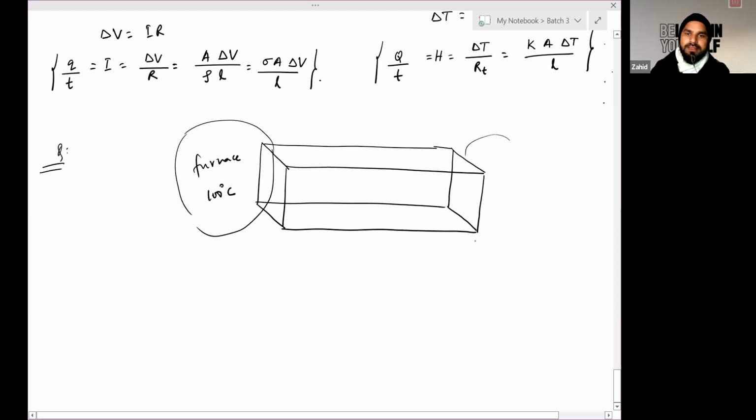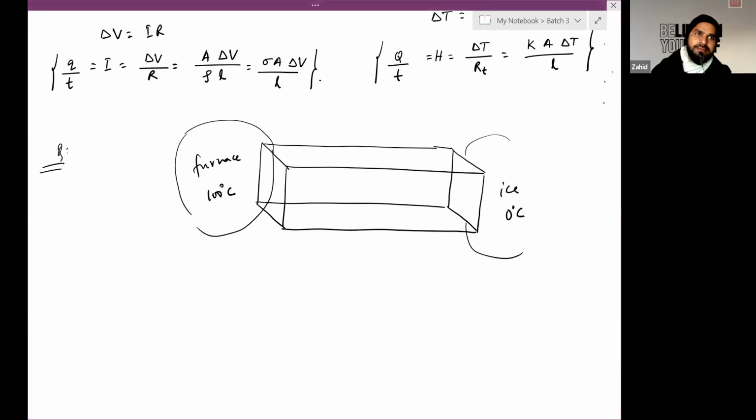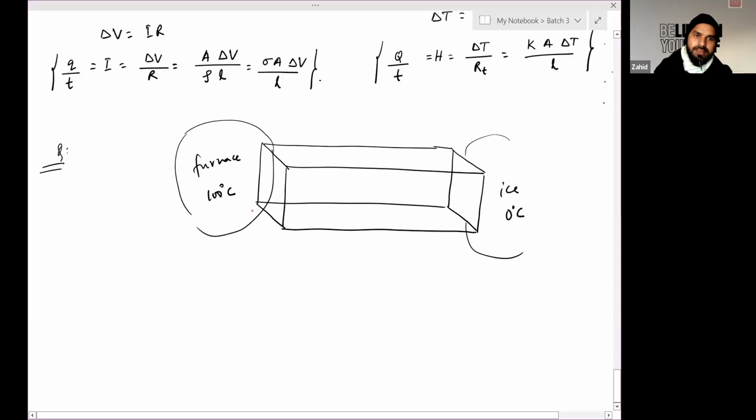And at this end, it is joined to ice at 0 degrees Celsius. Length from this point to this point is 20 centimeter. From this point to this point is also 20 centimeter. And its length is 50 centimeter. Thermal conductivity is 0.8 watt per meter per Kelvin.